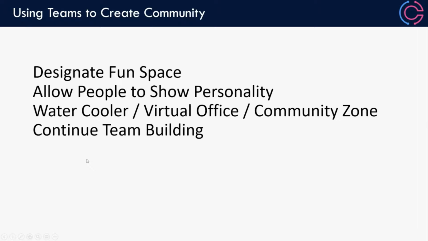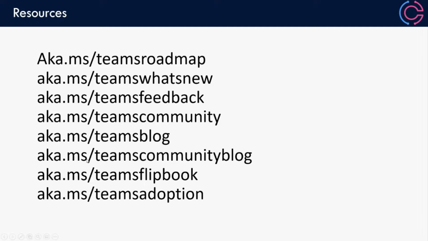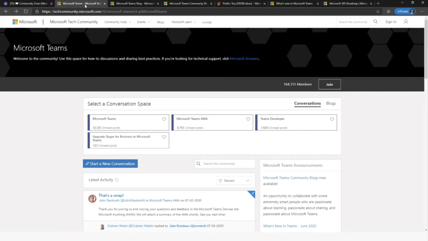Okay, so moving on, I wanted to talk about how Teams is investing in community. There are several ways that Teams is investing in community, and I'm going to put this slide back up here so you can see all of our resources. But first, let me show you a couple of the things. One is our Microsoft Tech Community. The tech community is a place with all of these different conversation spaces.